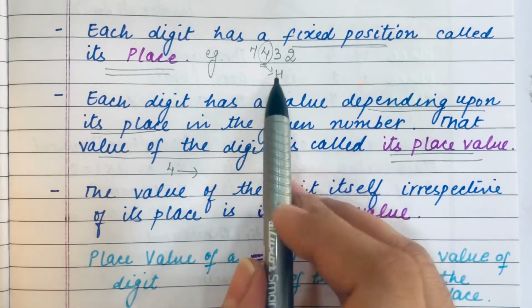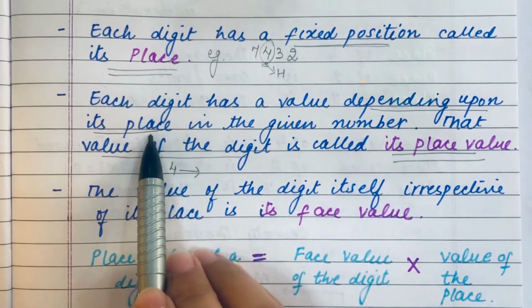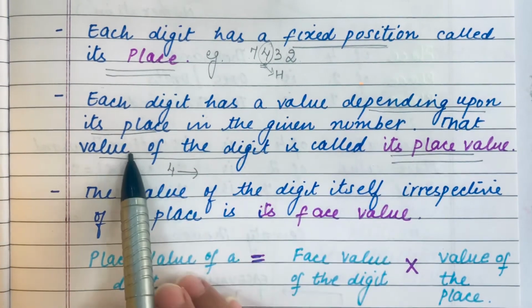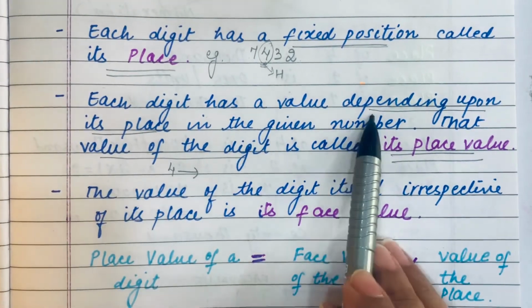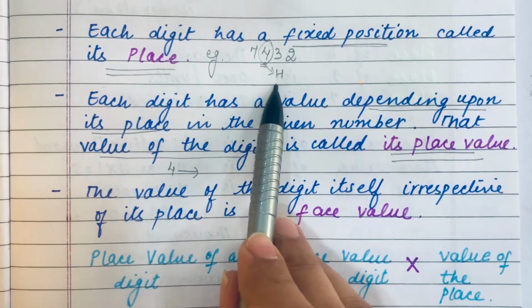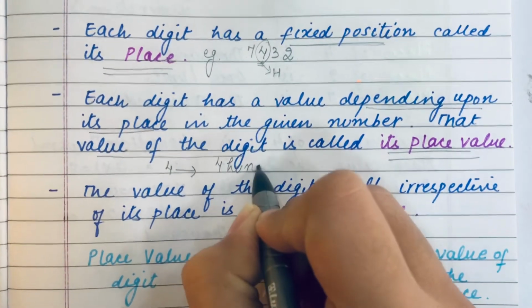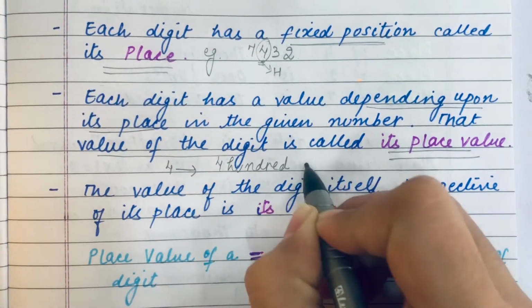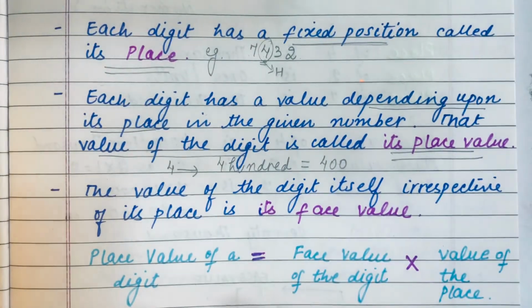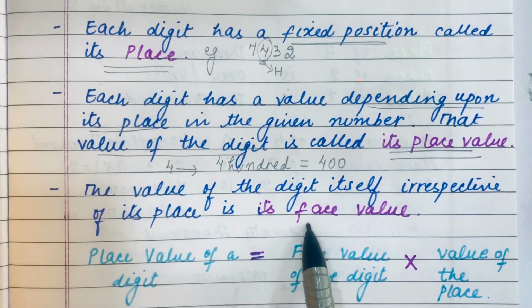We have discussed the place of 4 was 100, and the definition of place value is the value of the digit depending upon its place. So 4 is kept on the 100 place, hence the place value will be 400. You can write it like this, you can write it like this also. These two are the same.